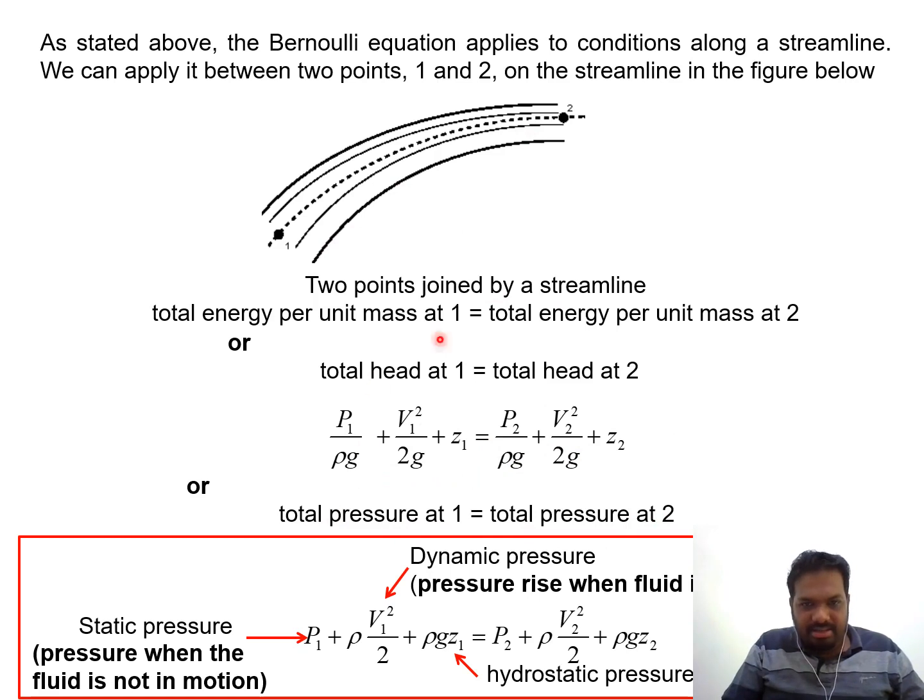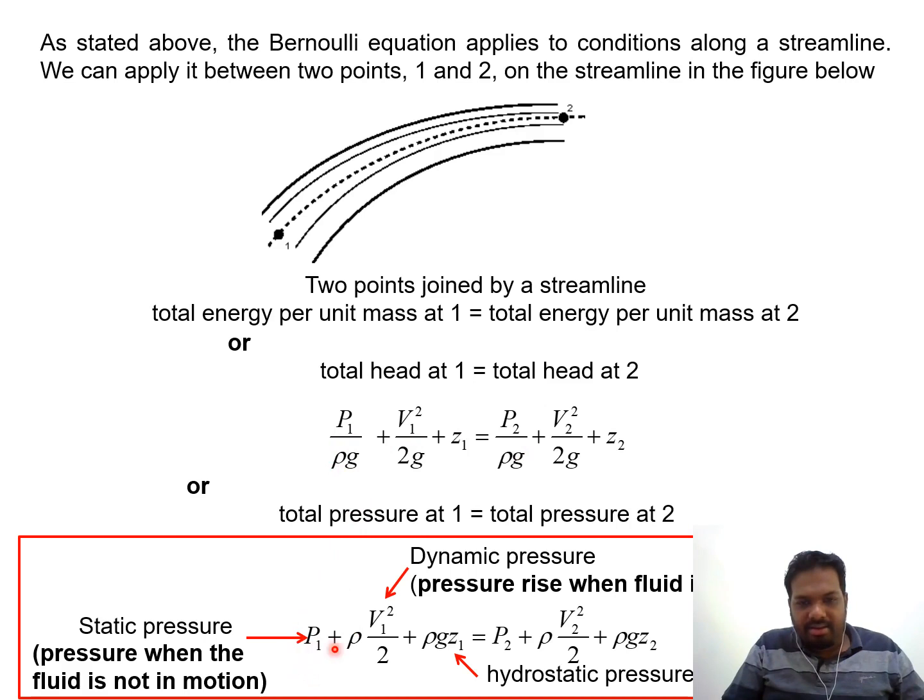So based on this condition, you can get the final version that you can use in your calculations. You multiply all this equation with rho g, in order to cancel out the density and gravity.